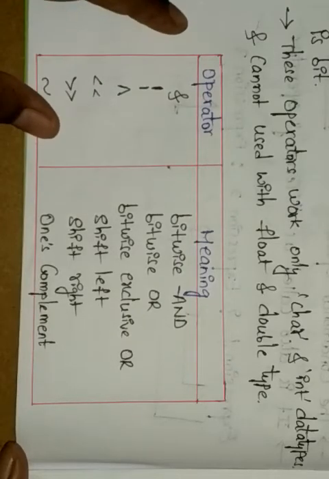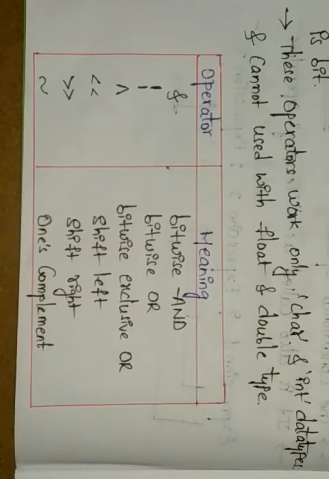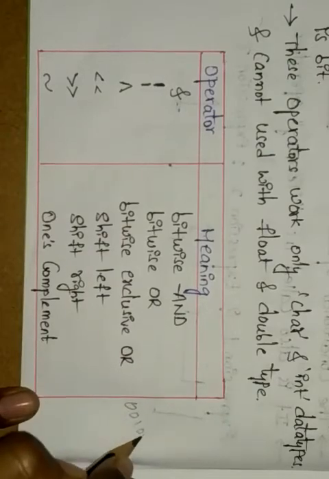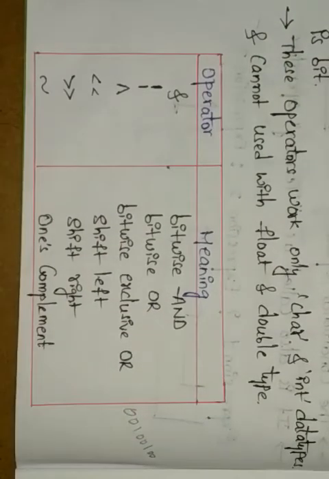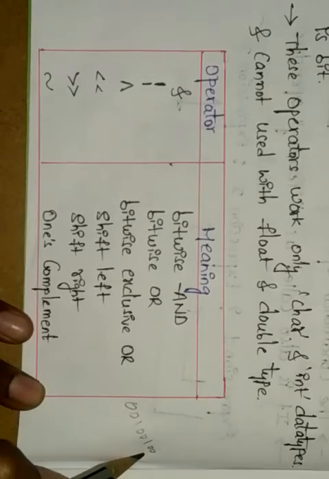These are all done in bit format. Bit format means it will have only 0s and 1s. Whatever operator you use, it performs on bit values only. So like 0 0 1 0 0 1 0 0, we have this, right?